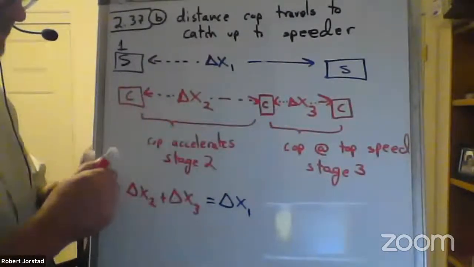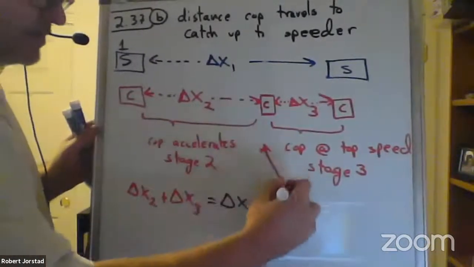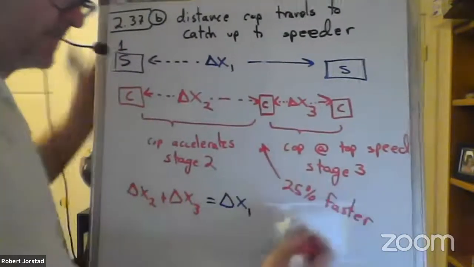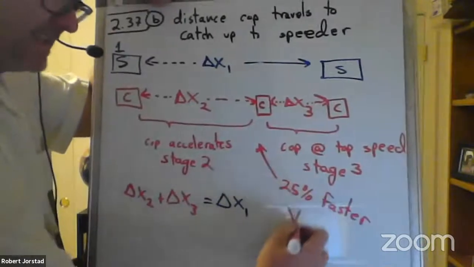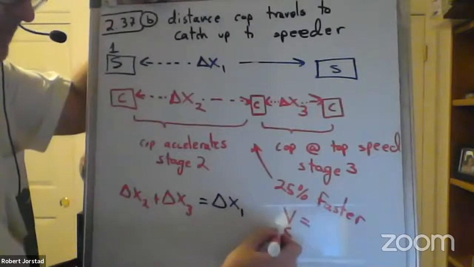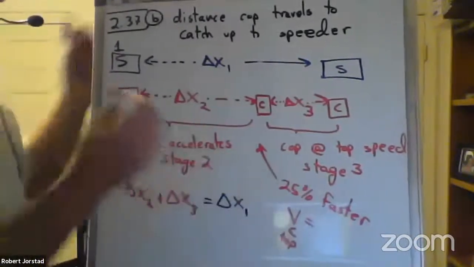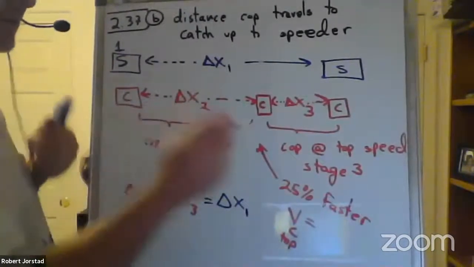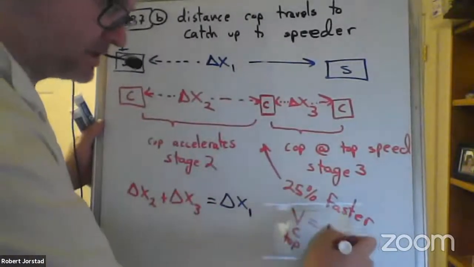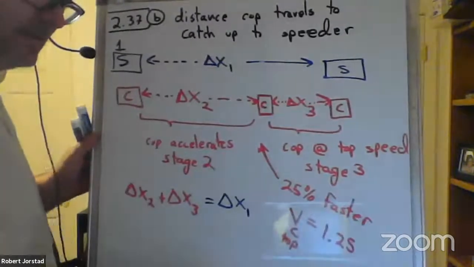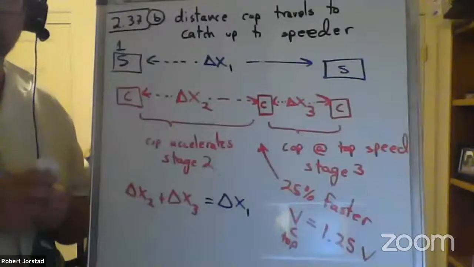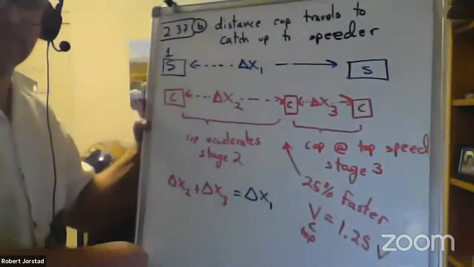Now, somebody said, I don't know who was asking that question, but you were saying, what about the velocity here? Right here, it says 25% faster, right? That means that the velocity of the cop, the top speed, is 25% more than the speeder's, that's 1.25 times V. Did that address your question, whoever asked that?